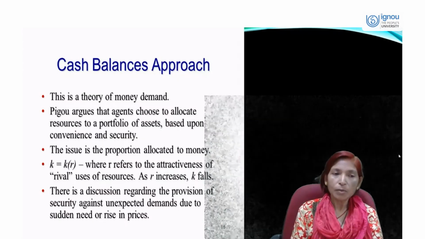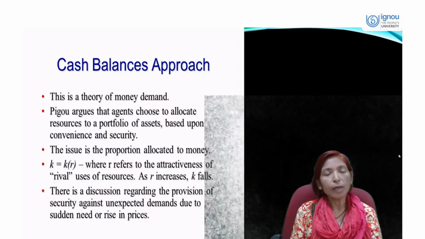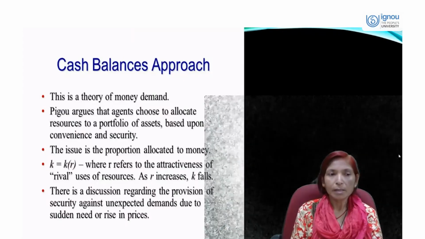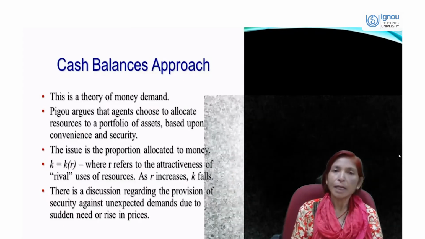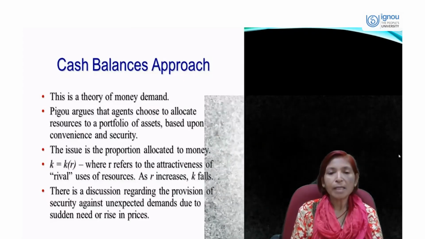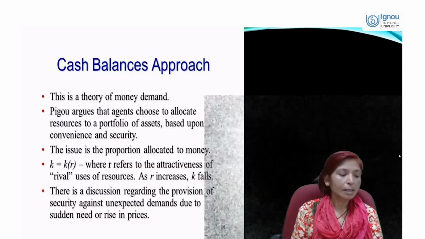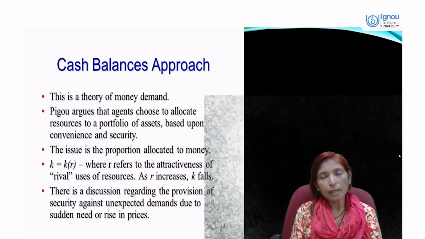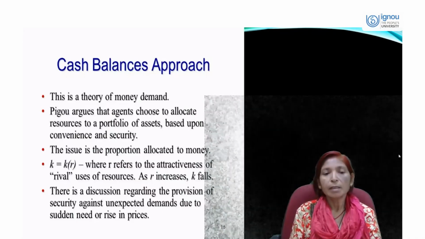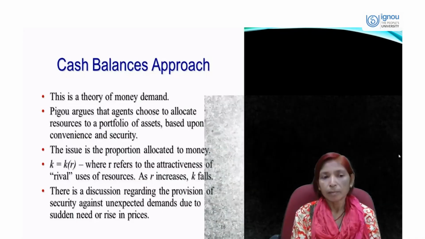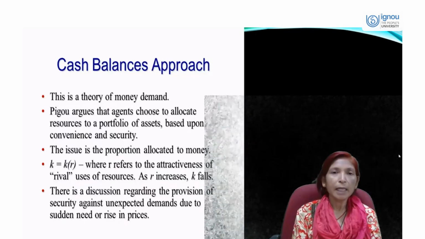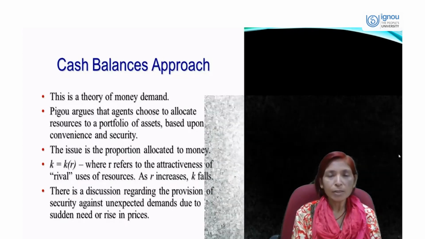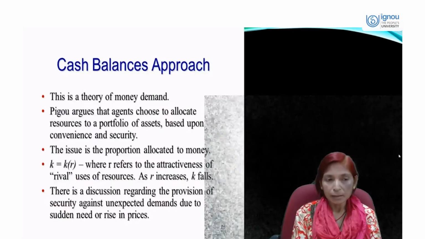So Pigou argues that agents choose to allocate resources to a portfolio of assets, which is based upon convenience and security. The issue is the proportion allocated to money, and K is equal to KR.